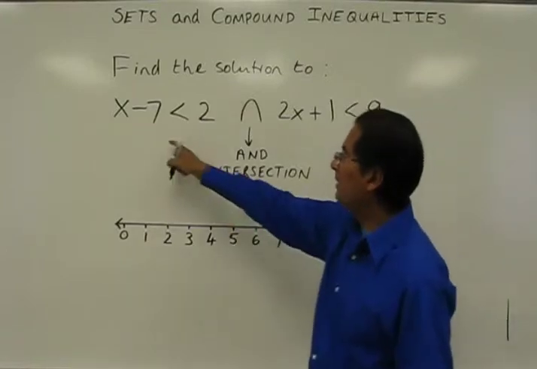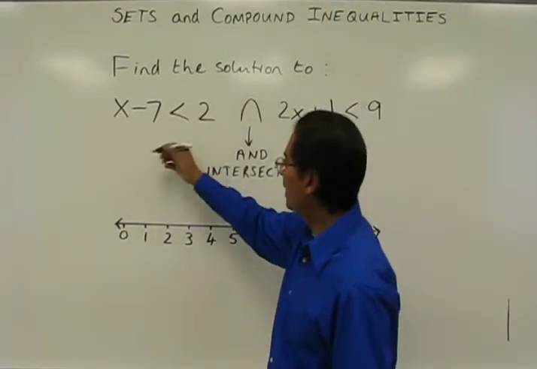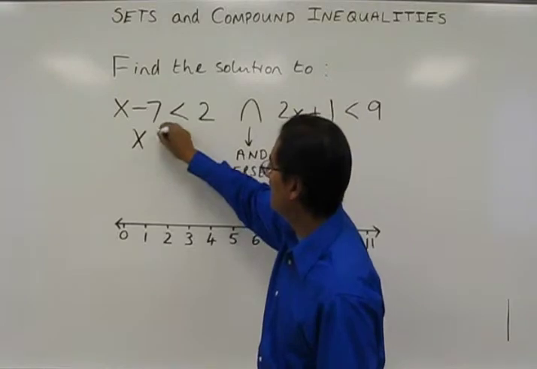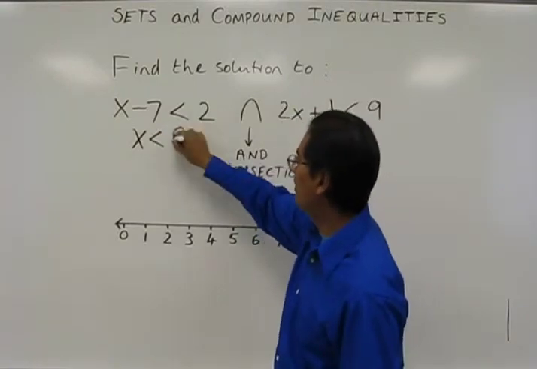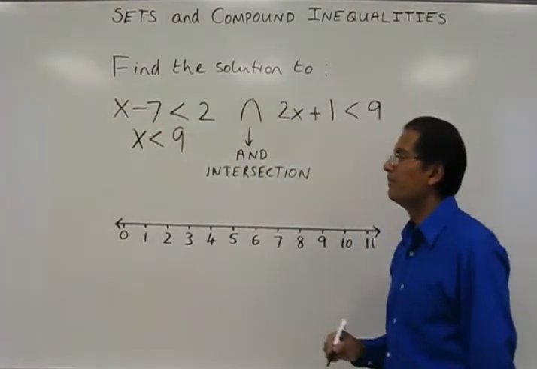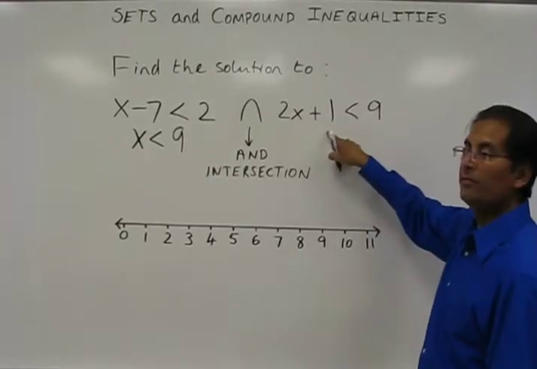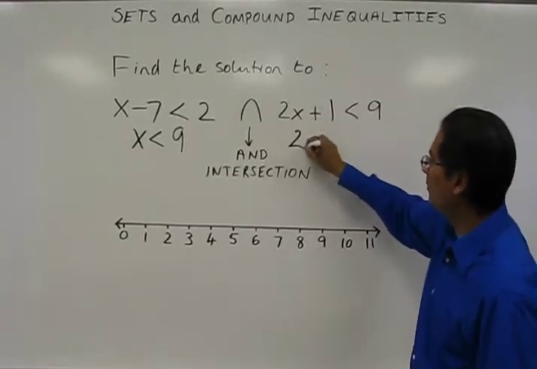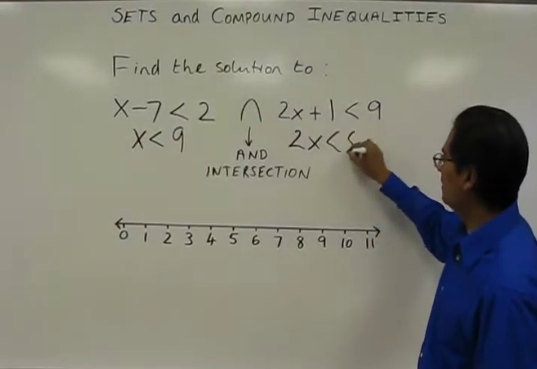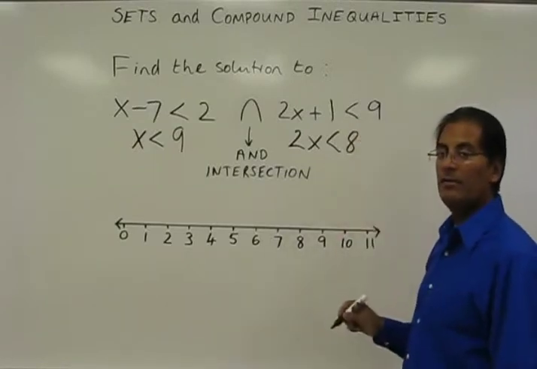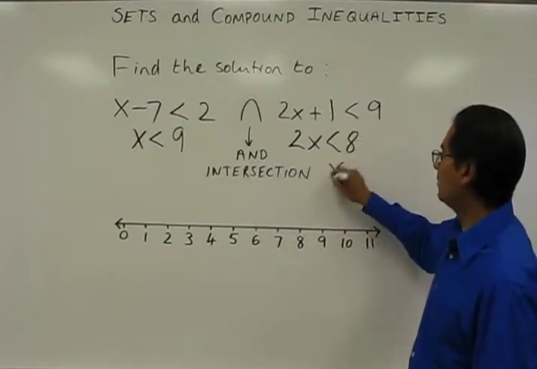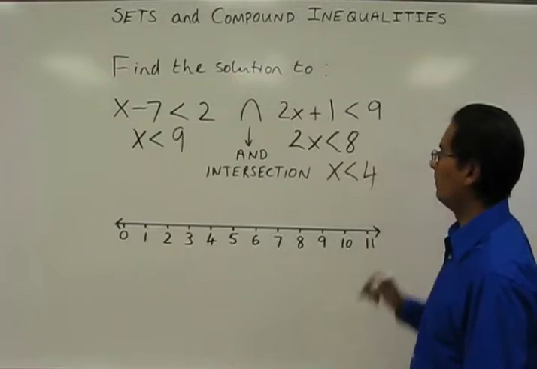So with this one here, if I add 7 to both sides, we'll get x less than 9. And here we have to subtract 1 from both sides, so we get 2x less than 8. And then if I divide everything by 2, we'll get x less than 4.